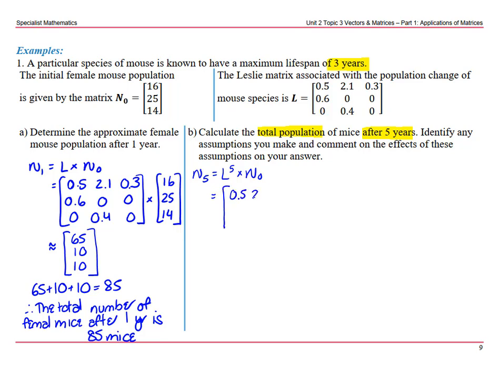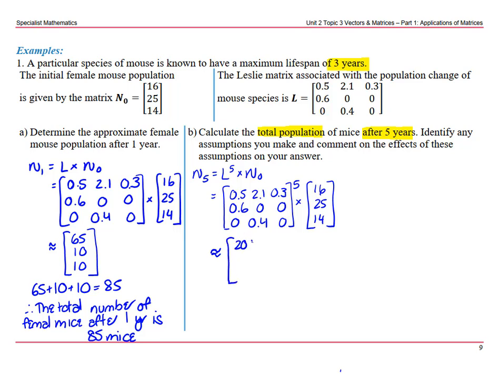So 0.5, 2.1, 0.3, 0.6, 0, 0, 0, 0.4, 0, times 16, 25, 14, and I forgot my power of 5 there. Go to your calculators and you get approximately 208, 78, and 27.